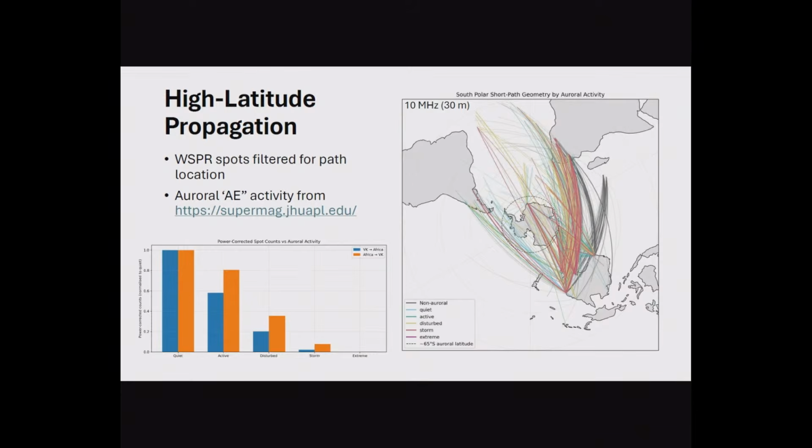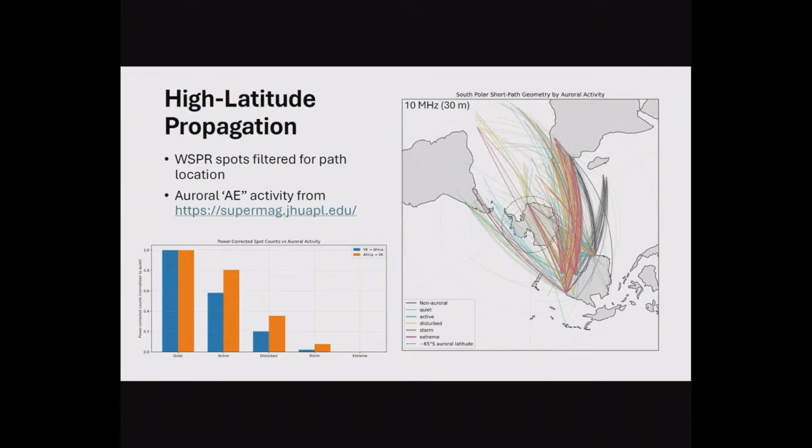So this plot down the bottom left there, this shows you essentially the effect on VK to Africa or Africa to VK, depending on auroral activity. And not surprisingly, when you get more auroral activity, more disturbance, more absorption, and the number of spots drops off as the auroral activity increases.